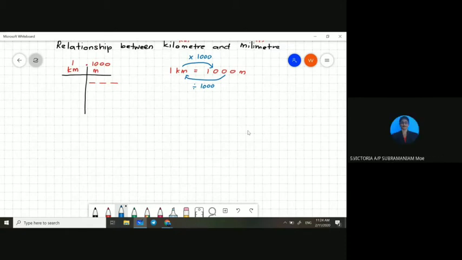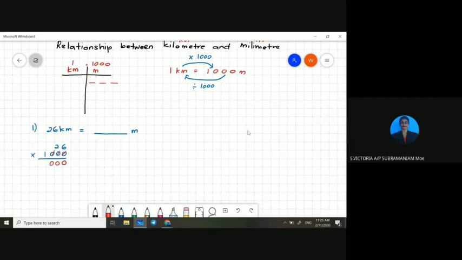Okay. Now teacher give you one example. 26 kilometer equals to how many meter? When you do this question with the formula, what you should do? 26 times with 1000. You just copy the zeros in the question.